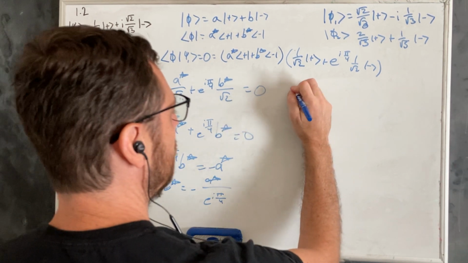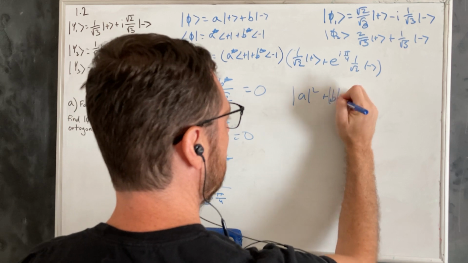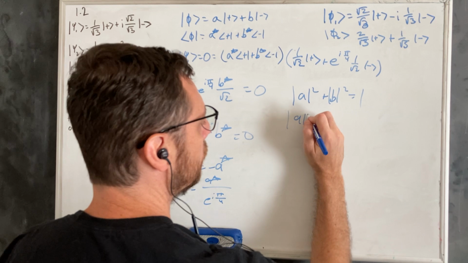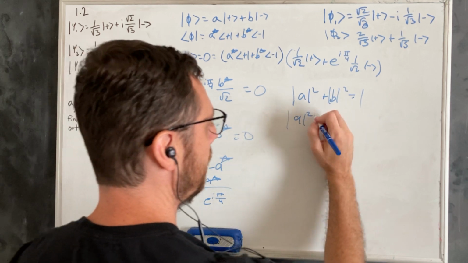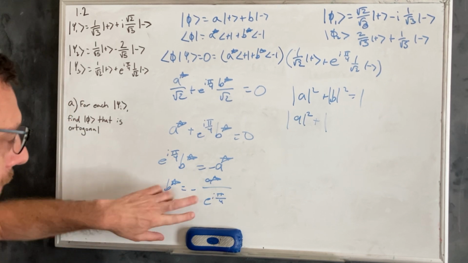So now we have our normalization: a star a plus b star b equals 1. Our a squared, did I say star again? I meant squared, plus, so our b is going to be the complex conjugate of this.